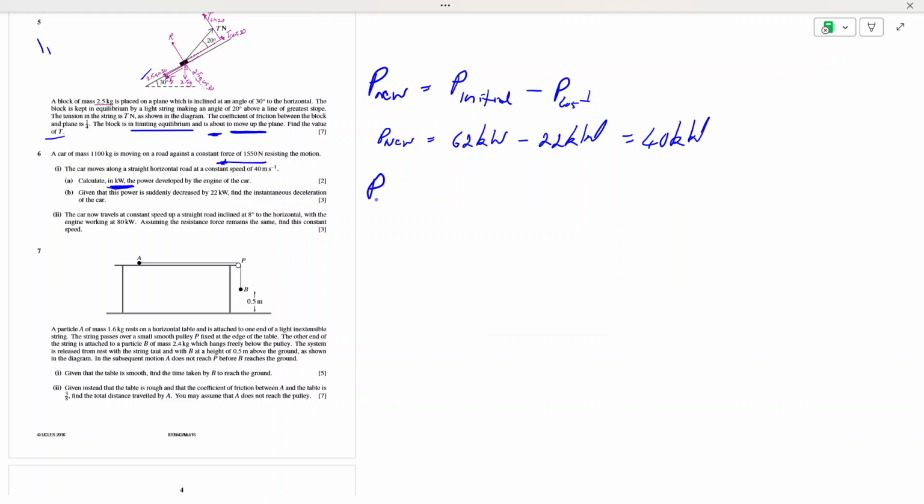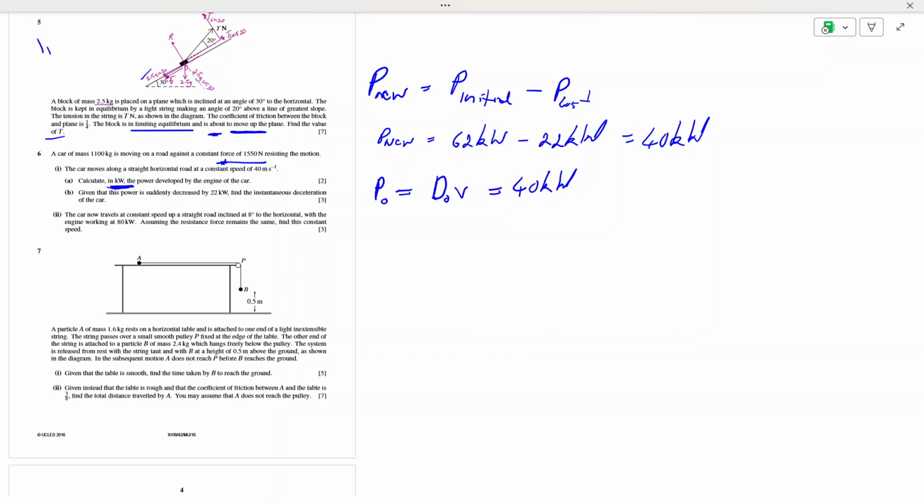So this new power here, I'm going to denote it with P naught now. P naught is equal to the new driving force multiplied by the same velocity, right? And this is going to be equal to 40 kilowatts.